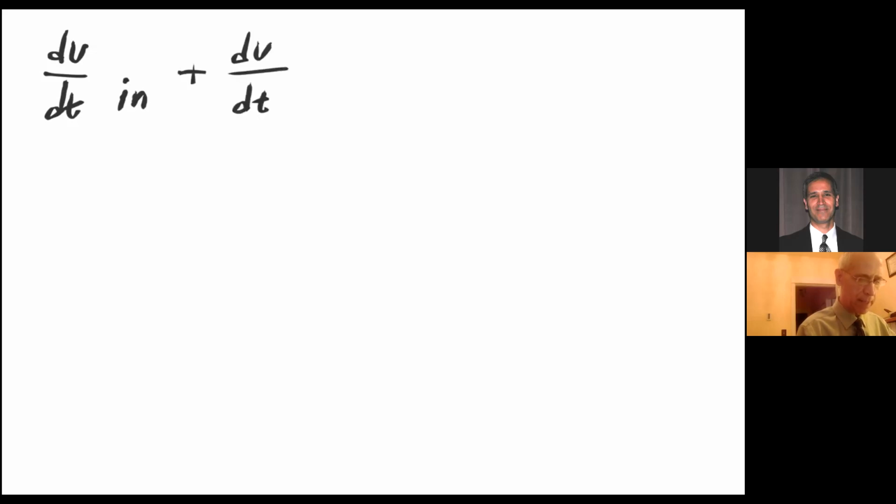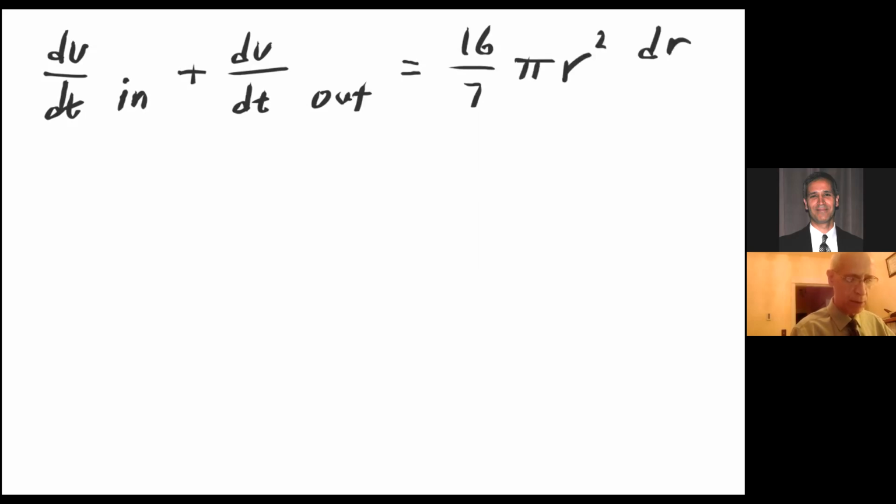So I can write dV/dt in plus dV/dt out equals 16 over 7 pi R squared dR/dt.